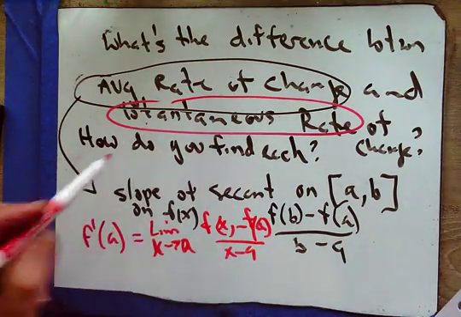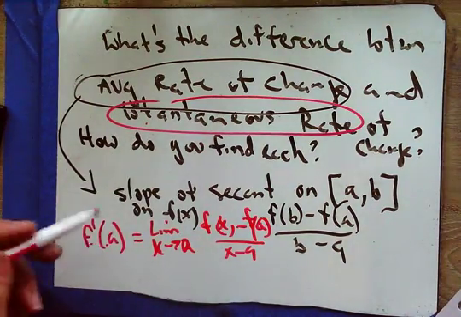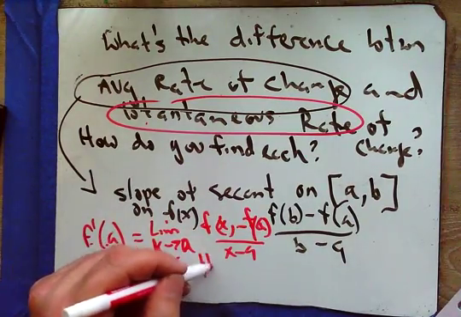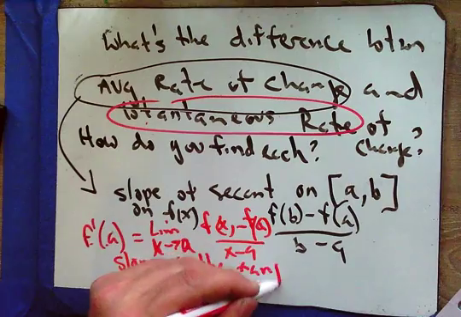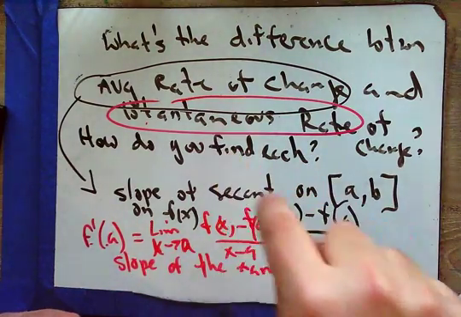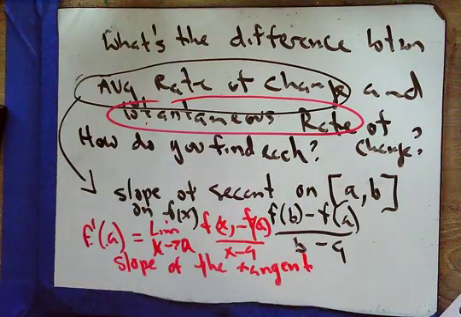So instantaneous rate of change is slope at a point. This is the slope of the tangent, which only touches the curve in one place, as opposed to the secant, which touches the curve in two places. Okay.